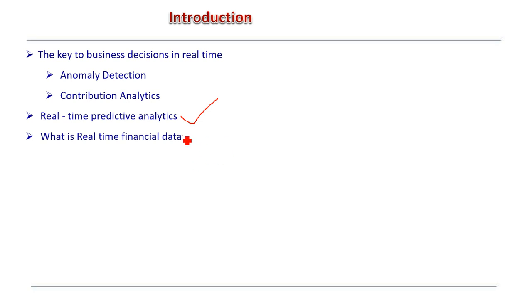Benefits of real-time financial data: understanding business performance, detecting fraud and error faster, improving the accuracy of business predictions, forecasts, and goals. Another one, make strategic business decisions. This is about the key to business decisions in real time.